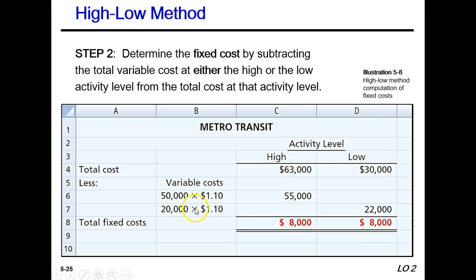If we take our 20,000 miles at $1.10, we've got the 22,000 here. The difference in each one, 8,000, is considered to be the fixed cost on that maintenance. Okay? So the fixed amount, no matter if they're traveling 20,000 miles or 50,000, is 8,000.